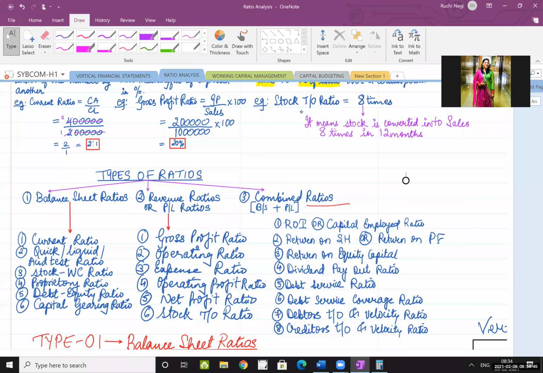Then we will study return on shareholders, that is return on proprietors fund, return on equity capital, dividend payout ratio, debt service ratio, debt service coverage ratio, debtors turnover and velocity ratio, and last, creditors turnover and velocity ratio. Once we study each ratio in depth, then you will understand the benefit of studying this chapter.